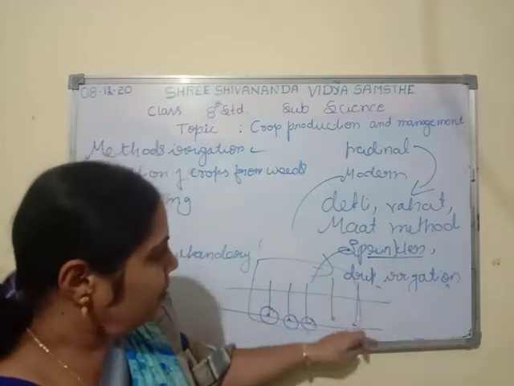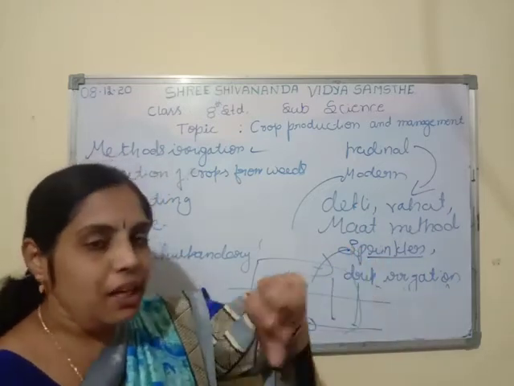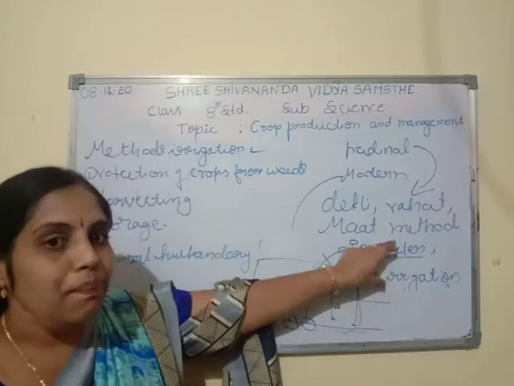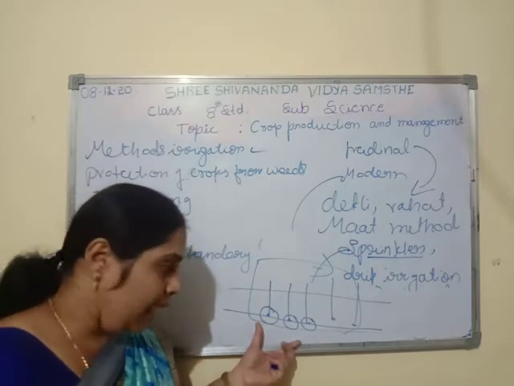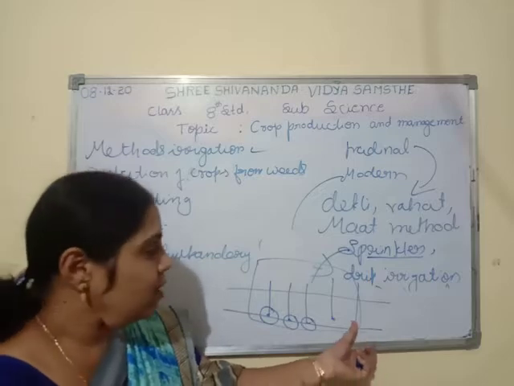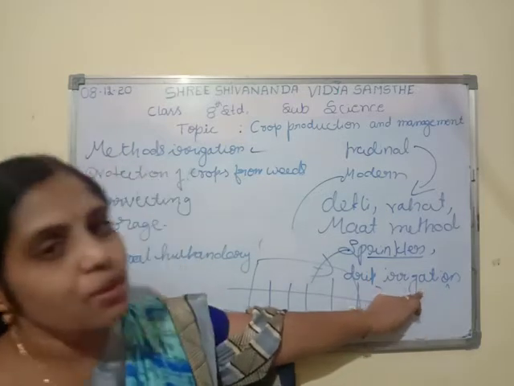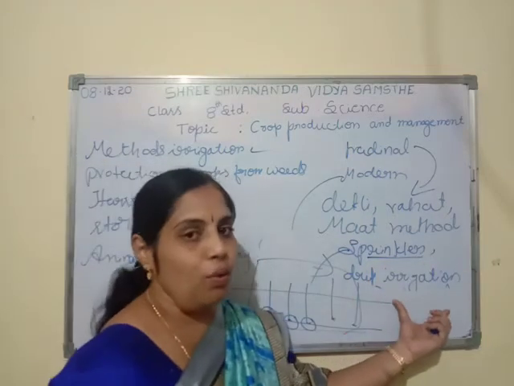So what is the difference between these two methods? Here, in sprinkler irrigation, water is sprinkled all over the area, all over the plantation. Here, the water flows directly to the root system. Okay, so this is what drip irrigation is. This method is also used in areas with less availability of water.